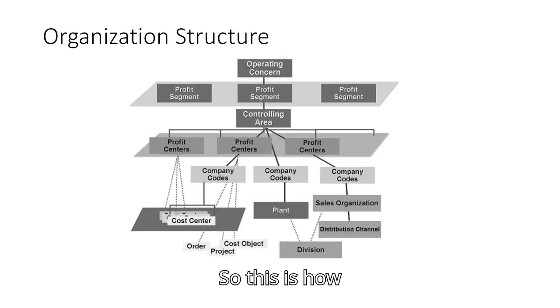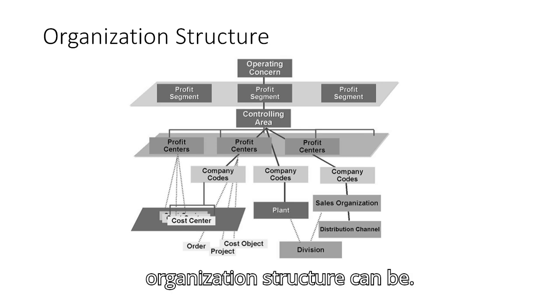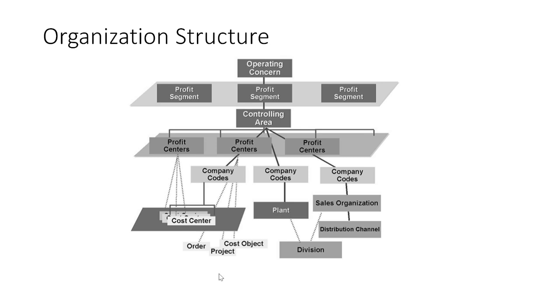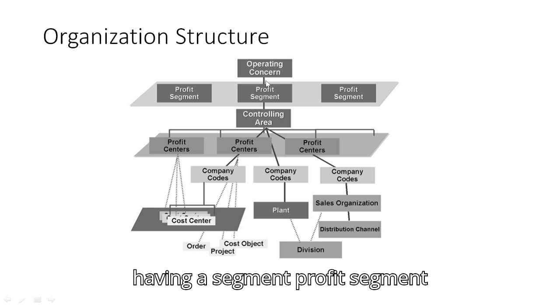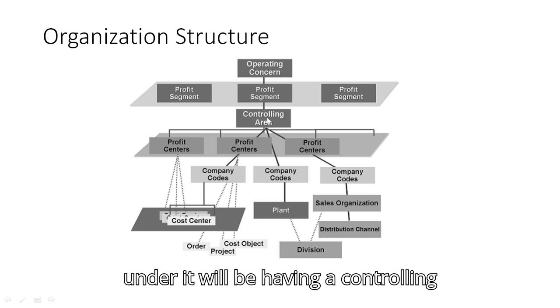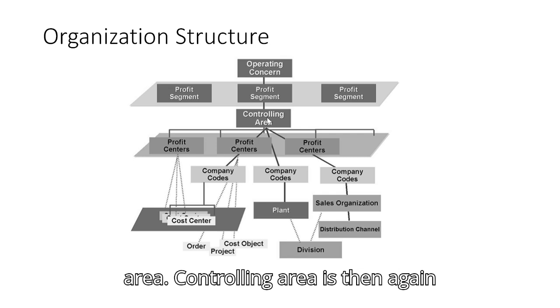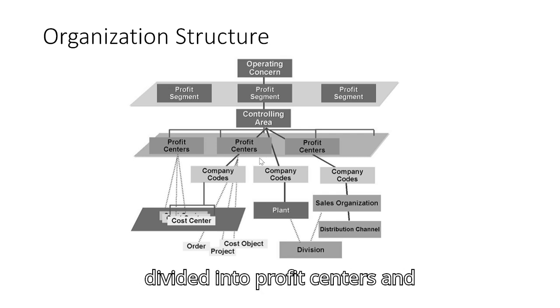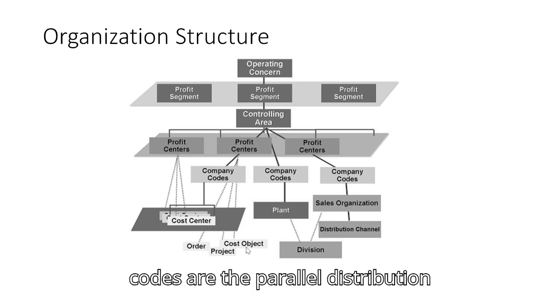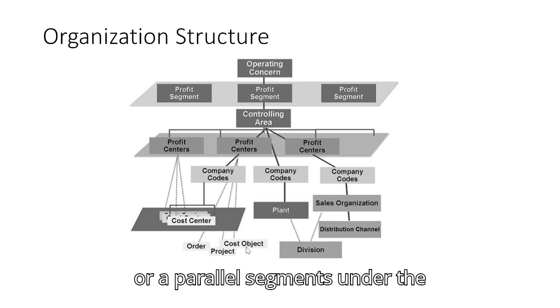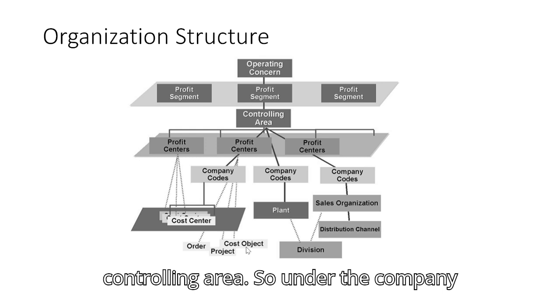So this is how the organization structure can be. From the operating concern, we'll be having a profit segment. Under it, we'll be having a controlling area. The controlling area is then divided into profit centers, and company codes are the parallel segments under the controlling area.